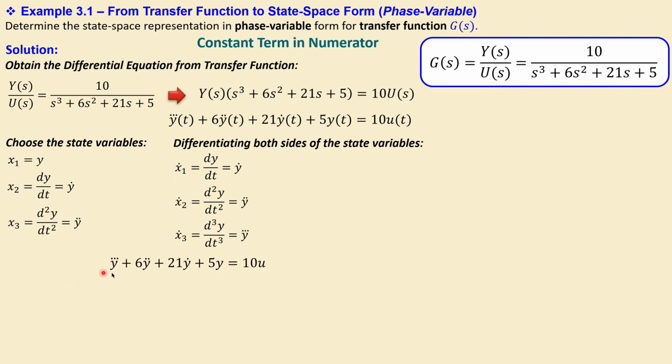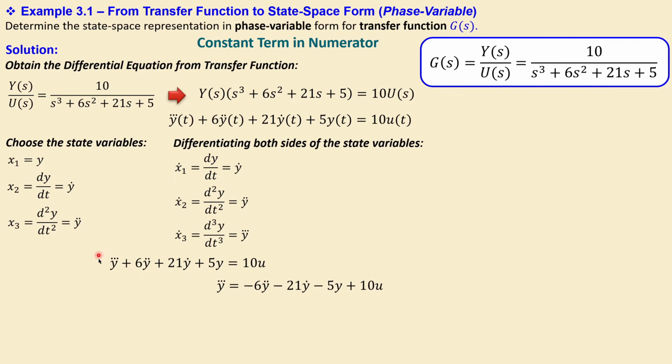So this is then, again, the differential equation. We have here the 3 dots on top of that y, and 6 times y double dot, plus 21 y dot plus 5y is equal to 10u. Again, what we have before here.